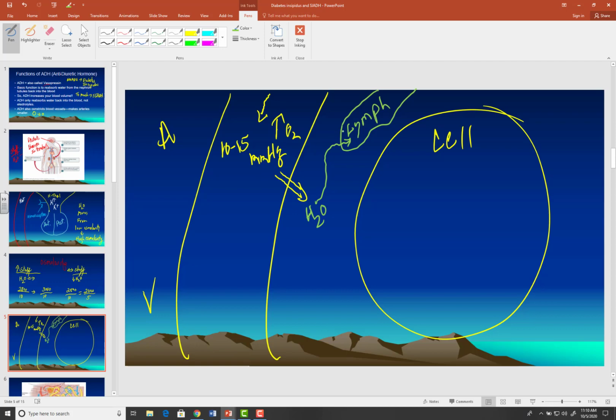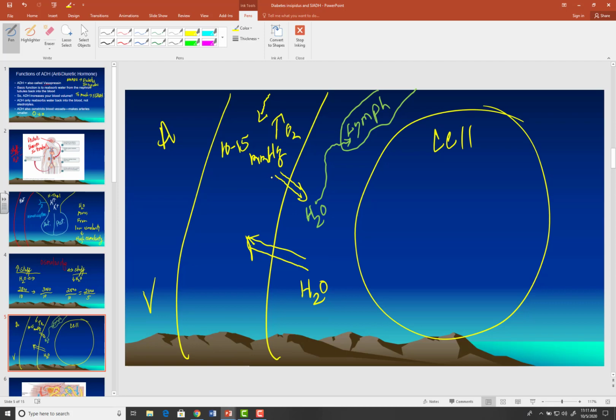Now, there's water in the interstitial space, right? And that pressure of water in the interstitial space tends to force fluid back into the capillary. So you have these two fluid pressures pushing on the capillary wall, right? So kind of like a tug of war.